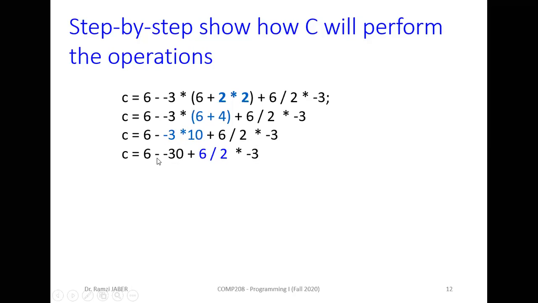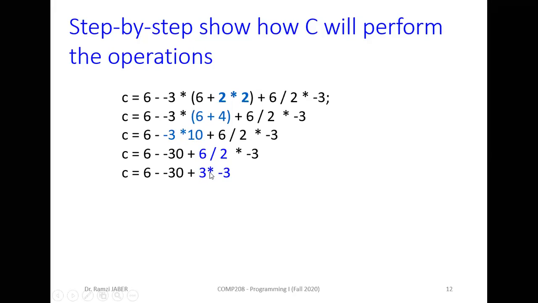Now the highest priority in operators is division, so we start by this division to get its value. Be careful here: 6 over 2 is 3, the integer quotient part, not 3 point something. Okay, so 6 over 2 is 3.